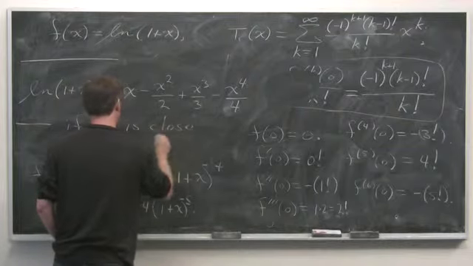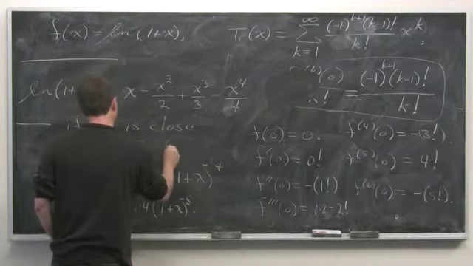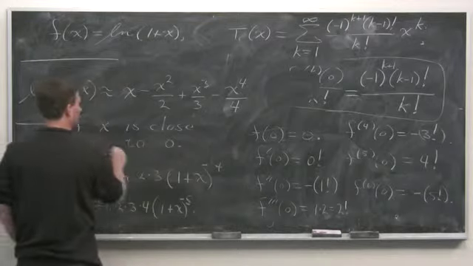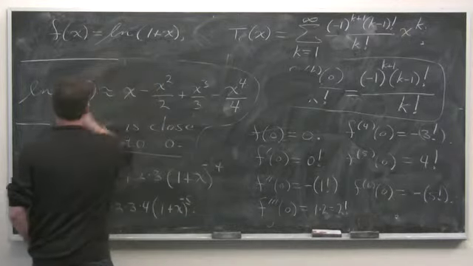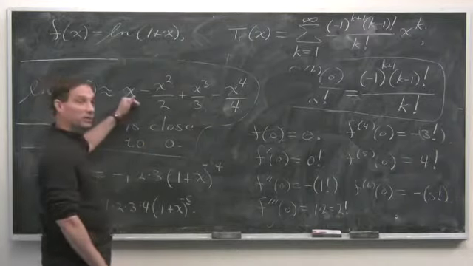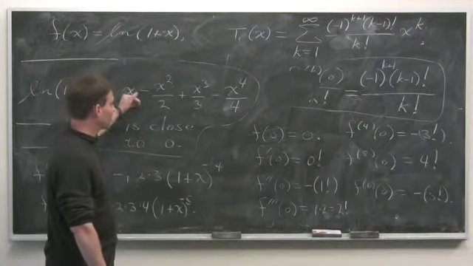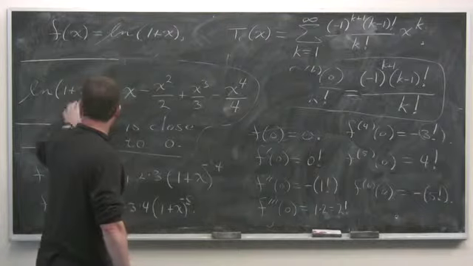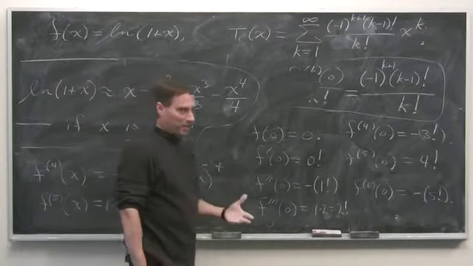How good is this approximation? Well, we could pick a particular x value that we are calling close to 0 and get out a calculator and calculate both sides, or really we could do this side by hand if we pick something like 0.01. This side you probably can't do by hand.